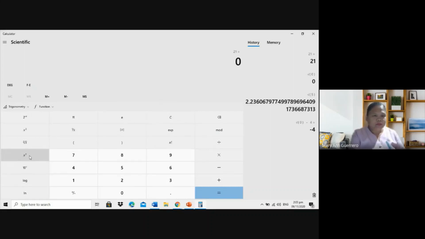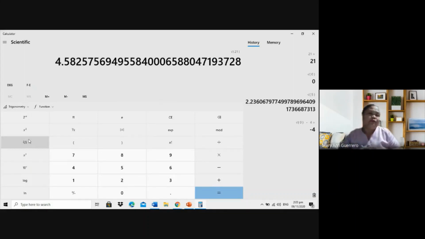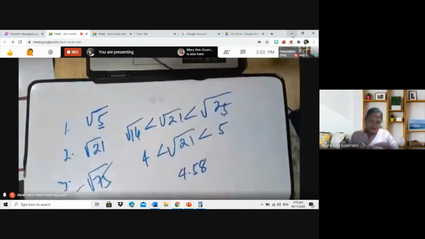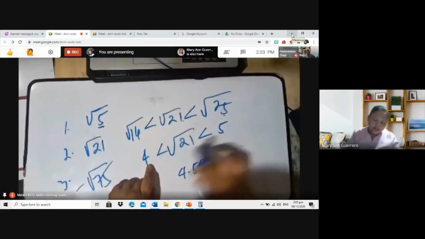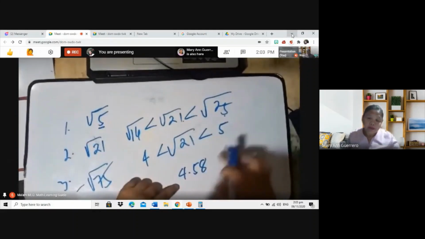Ayan, 4.5823. Irrational yan kasi non-terminating and non-repeating. So approximately to the hundredths place, that is 4.58. Okay, that is between 4 and 5. Greater than 4 but less than 5.